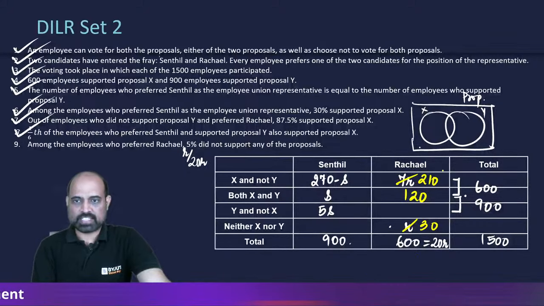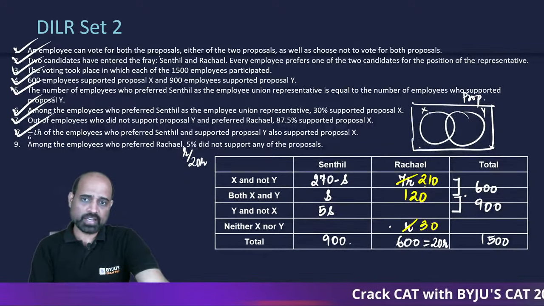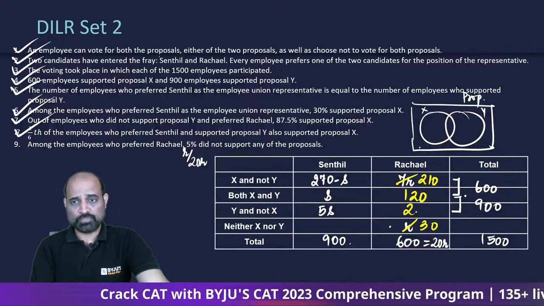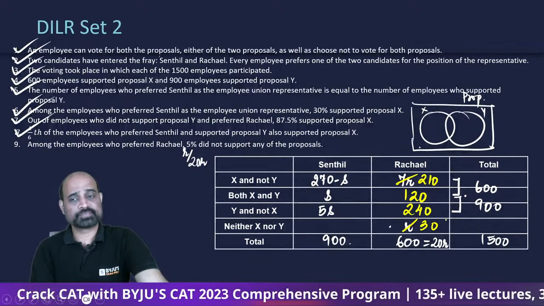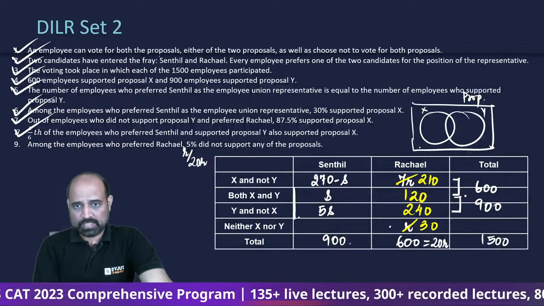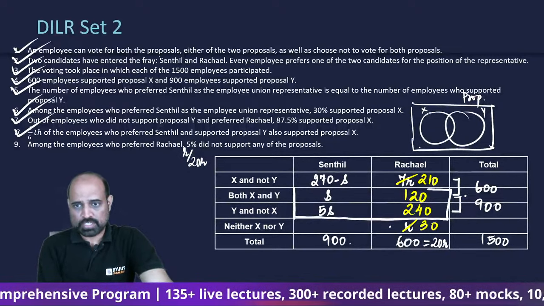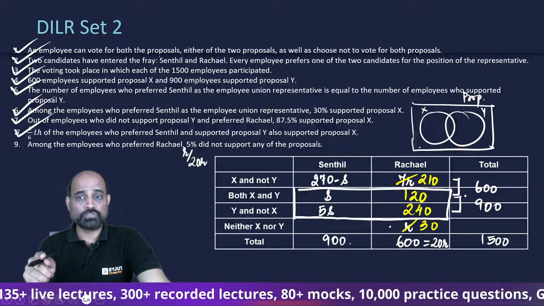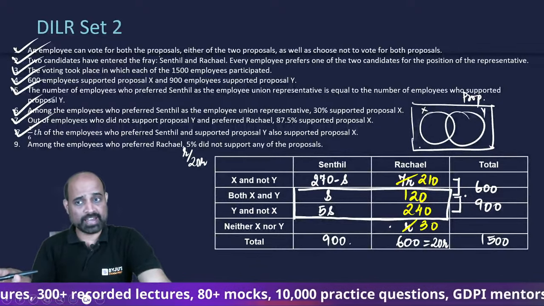Next is the sum of all the values under the Rachel column should be 600. Right now we are at 360. So 240 is supposed to be here. Next, the sum of these four cells should be equal to 900, out of which 360 we have.